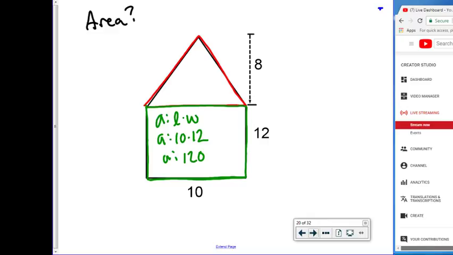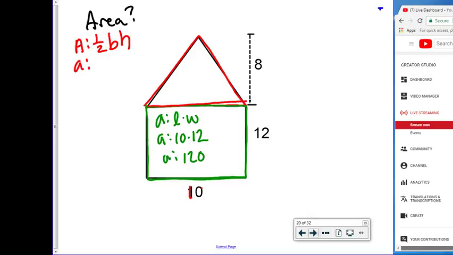What I need you to do now is look at your formula sheet. Do you see the formula for area of a triangle? Good. That formula is 1/2 base times height. Okay? The base of your triangle is right here. Don't get stumped.